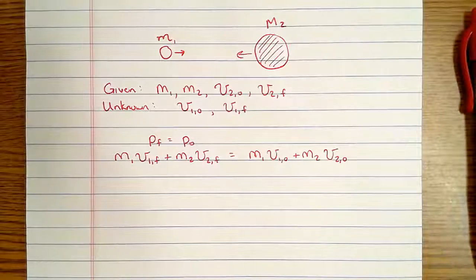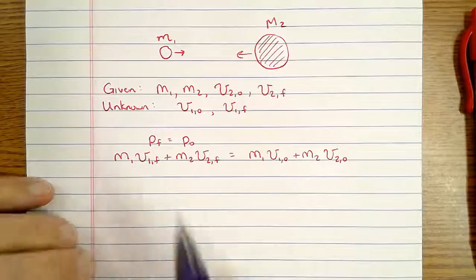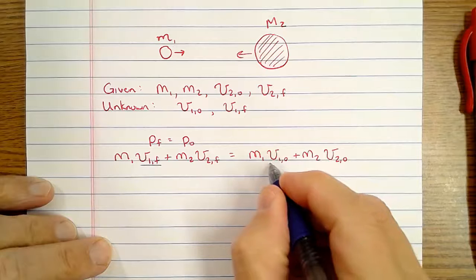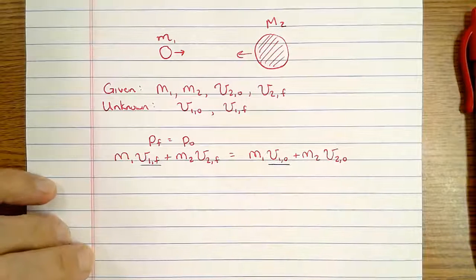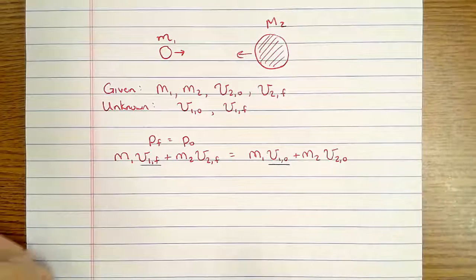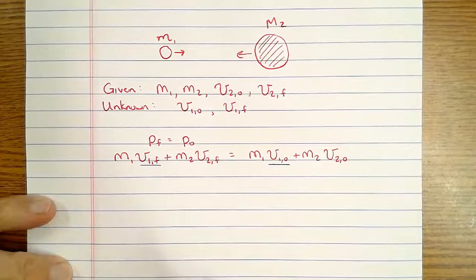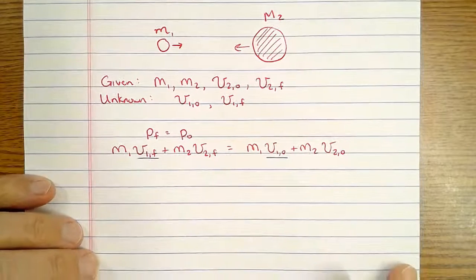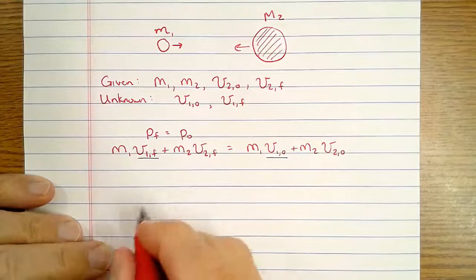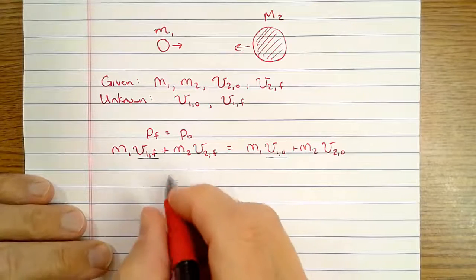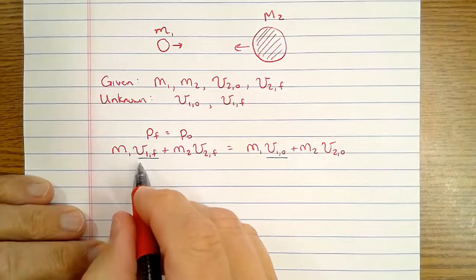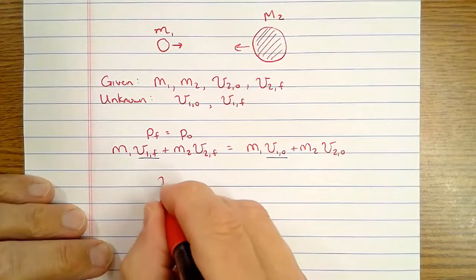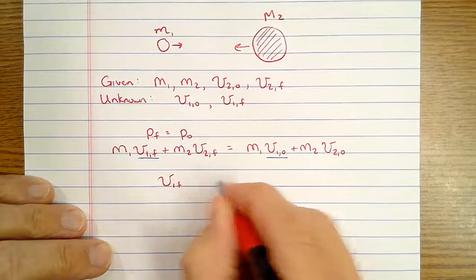And remember, the things we don't know are the velocity of object 1 final, and the velocity of object 1 initial. Those are our two unknowns. So we need another equation to solve this, and we're going to get another equation from the energy conservation. But before we do, let's solve this for V1 final.